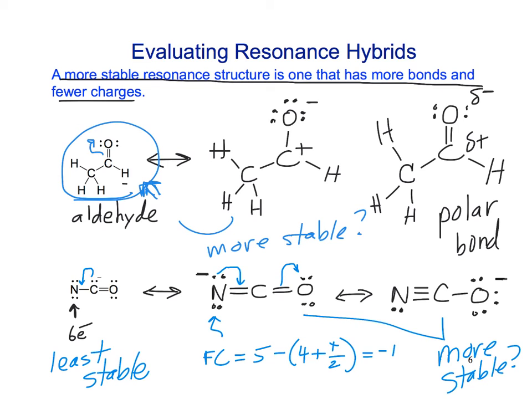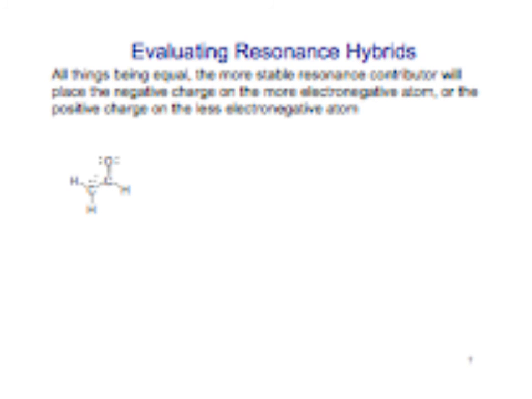Or we could see a situation where there's a plus charge, and that plus charge would be best held by the more electropositive atom. So in this case, which of these two is going to be more stable then? We have a minus charge on nitrogen or a minus charge on oxygen. All right, so the more stable one is going to be with the minus charge on oxygen because oxygen is more electronegative.